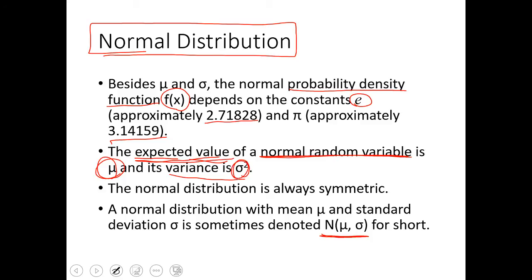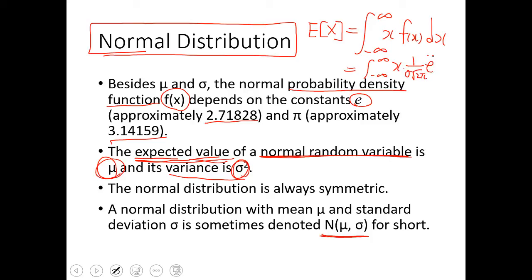That means if we calculate the integral from minus infinity to infinity of x times f(x) dx, where f is 1 over sigma square root 2 pi e to the minus 1 over 2 (x minus mu over sigma) squared, then it becomes mu.